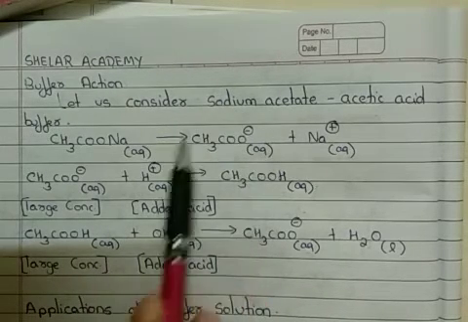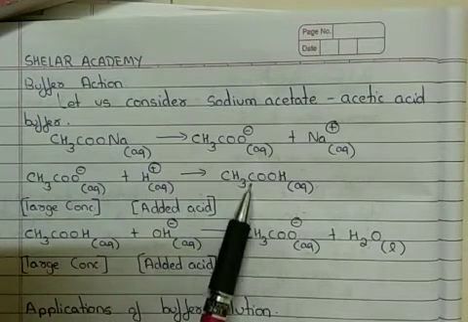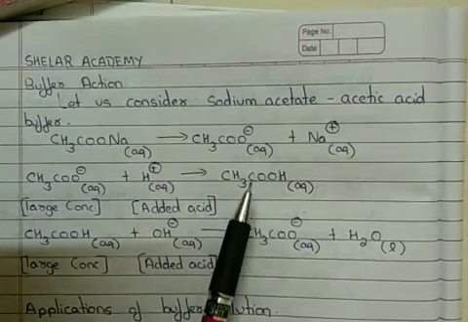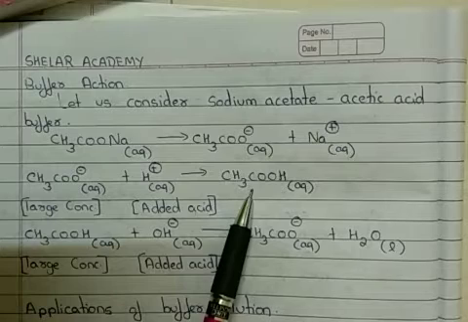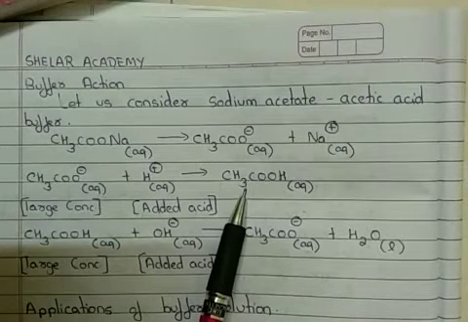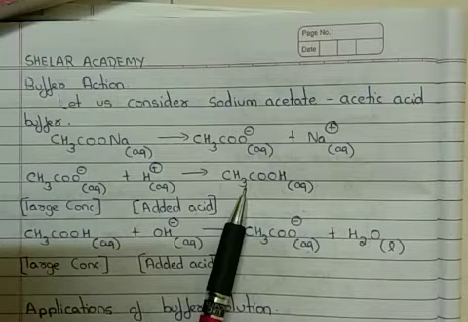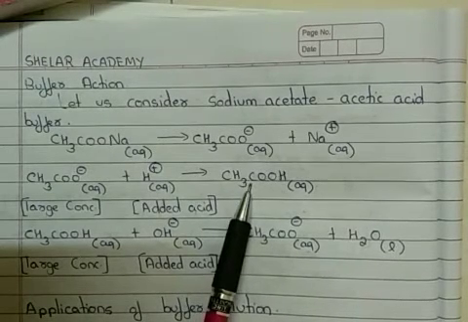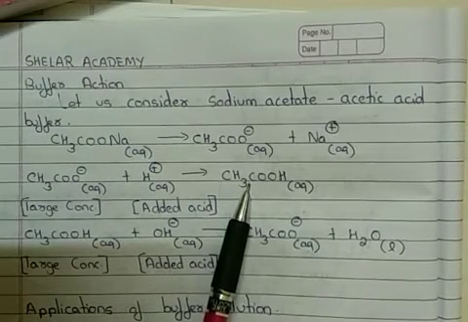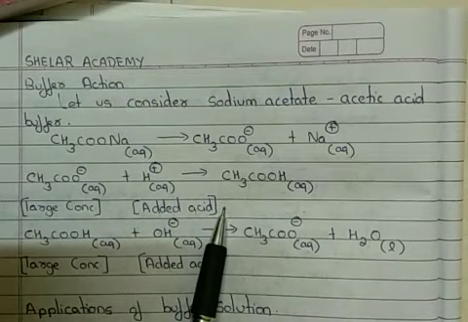Our acetate ion will combine with our H plus ions and form acetic acid. This is irreversible. Why is it irreversible? Because it is a weak acid, it will not further undergo dissociation, and if it does, the quantity of dissociation will be very less. So in this, our acetic acid molecules will be very high.